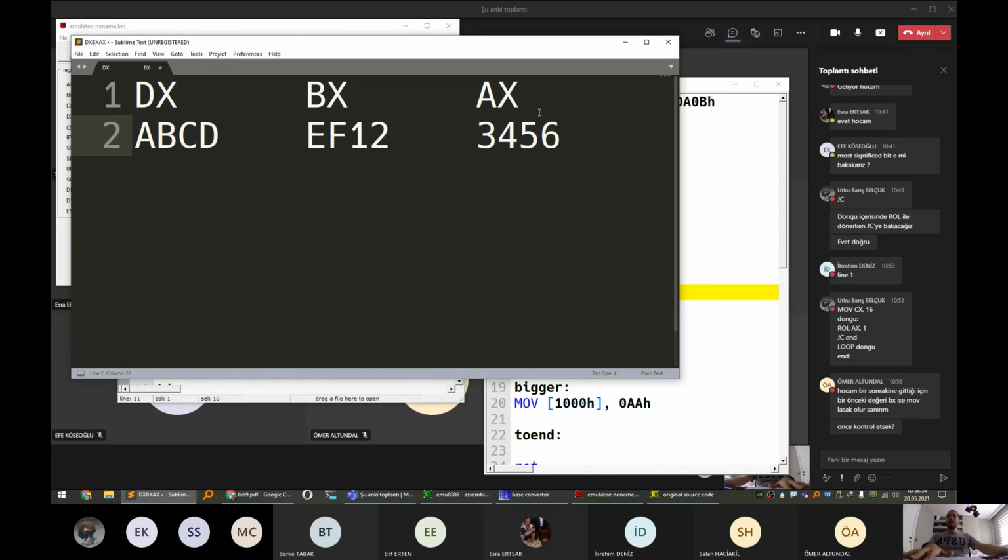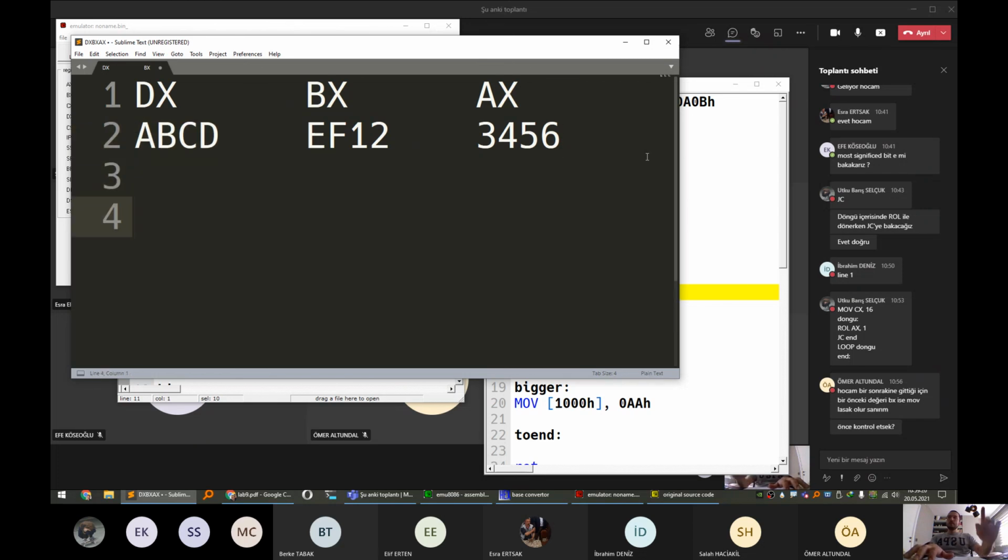But now I want this 48-bit value to rotate.